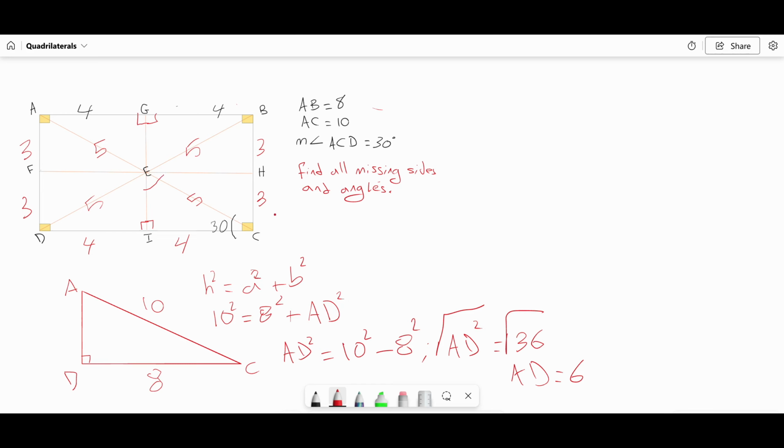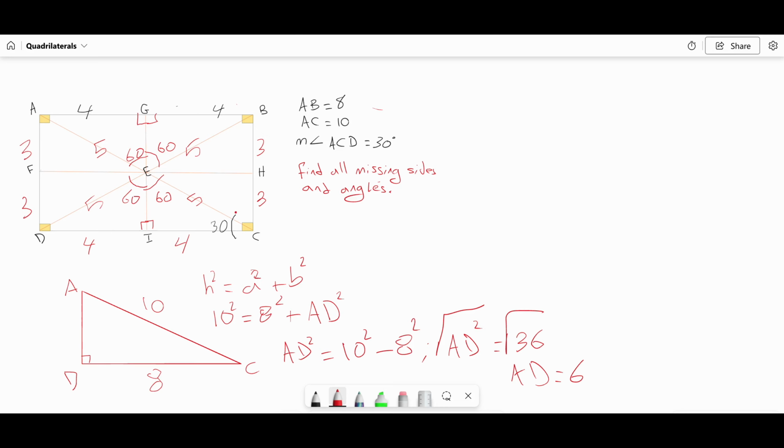We know that in any triangle, the sum of the interior angles should be equal to 180, right? So this angle should be equal to 60. This angle here also should be equal to 60. And these two angles here, this one and this one, are both also equal to 60.